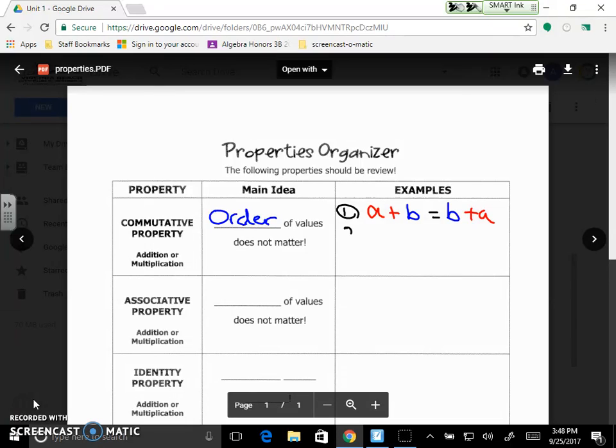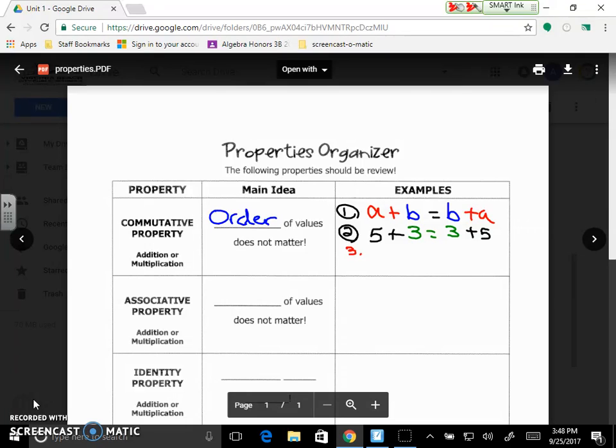Second example. So I'm going to say 5 plus 3 equals 3 plus 5. Third example. So those are the addition ones.